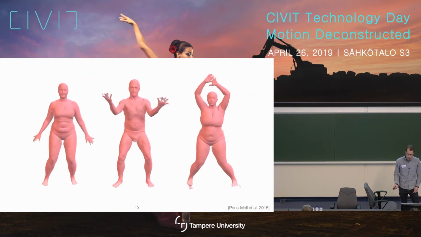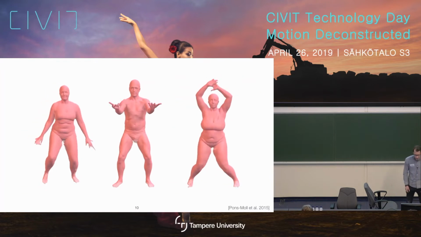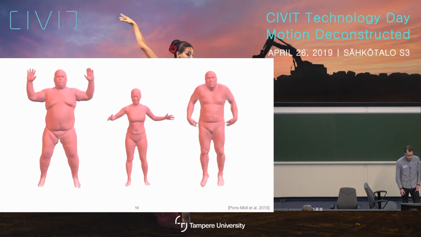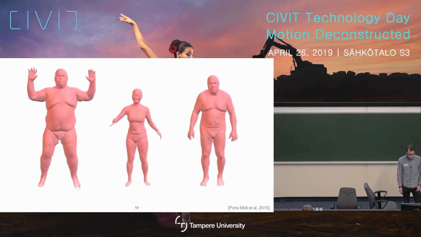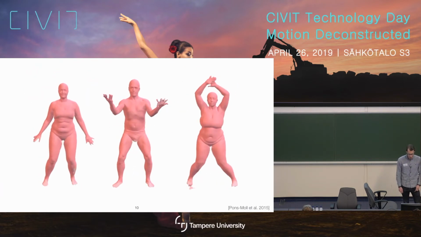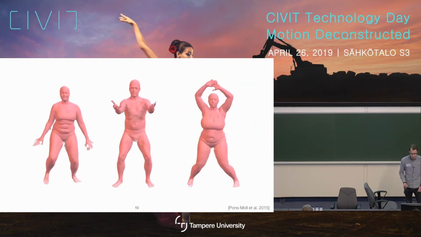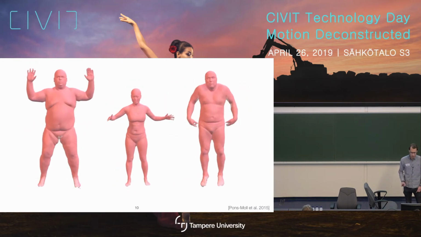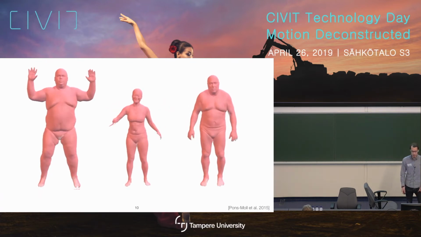This is soft tissue deformation. These are all sequences of 3D scans of different subjects, and what you can see is that we all jiggle a bit, some more, some less. But if we want to fully understand human motion and also be able to simulate realistic human motion, we need to understand this jiggling also.